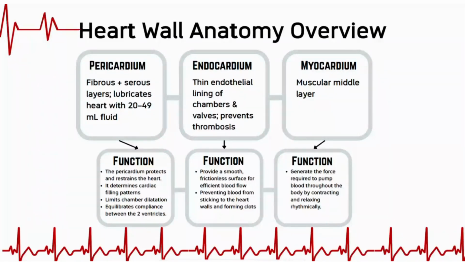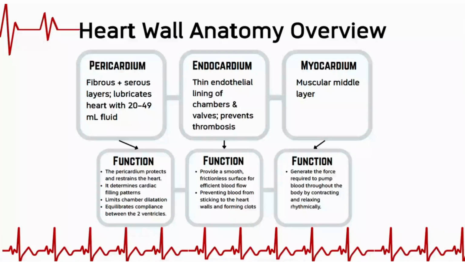It is what controls the equilibrium between the two ventricles, so how well the two ventricles will actually dilate. Now the myocardium is the muscular middle layer. All you need to know for this class is that it generates the force required for blood to be pumped throughout the body.